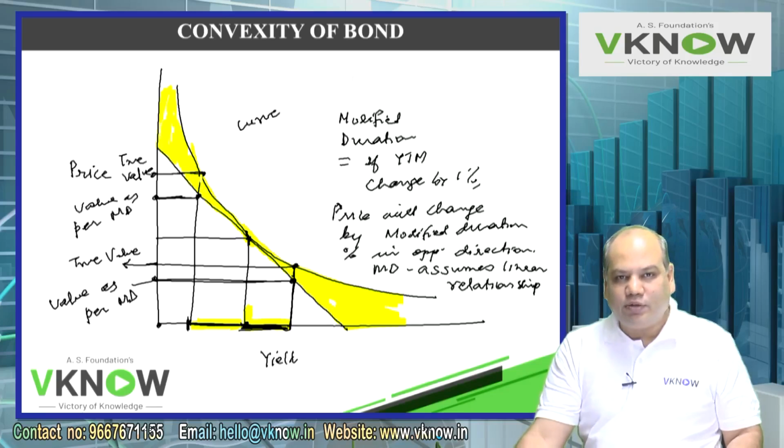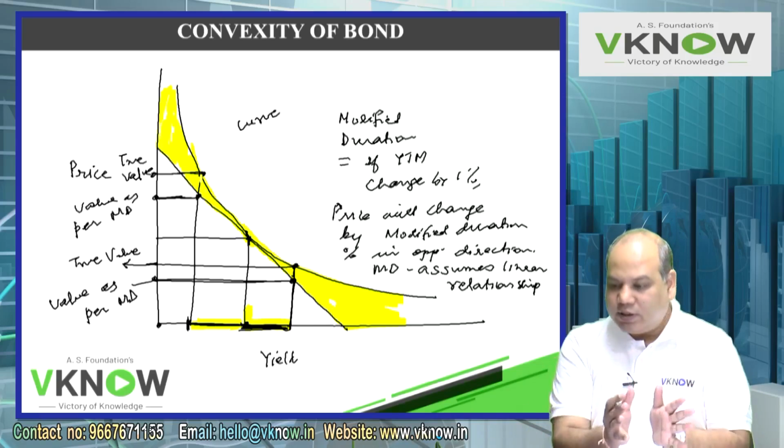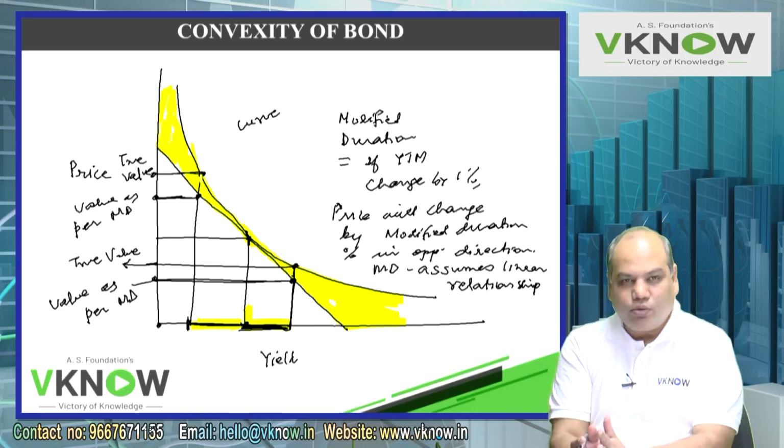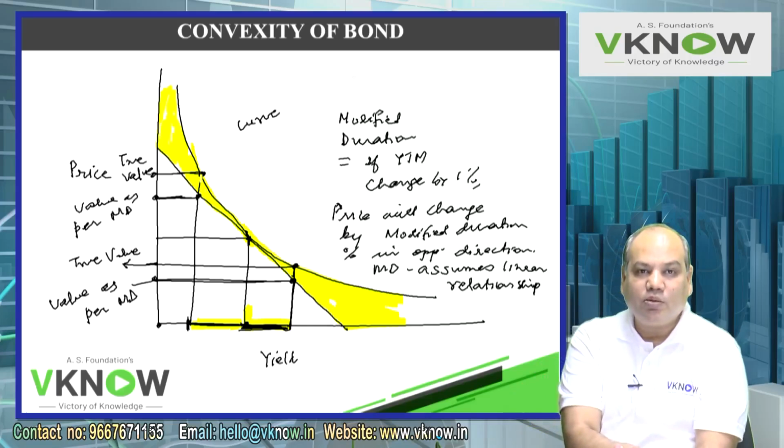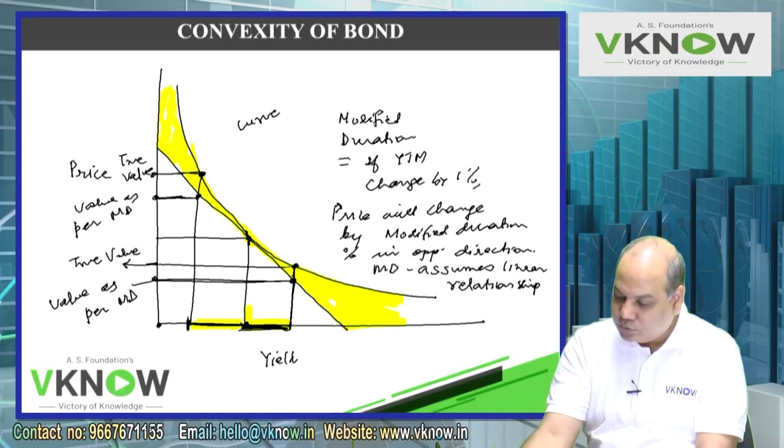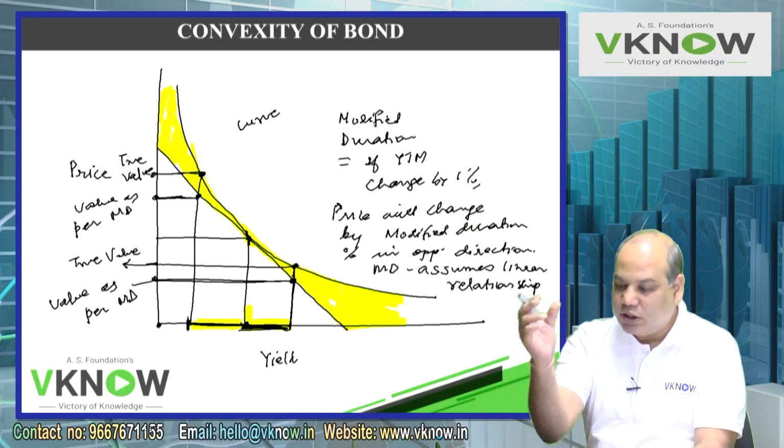That is convexity. So we'll do the calculation of convexity, and then the convexity based value will be closer to the true value, because it tries to fill that difference which is because of the nature of the curve.